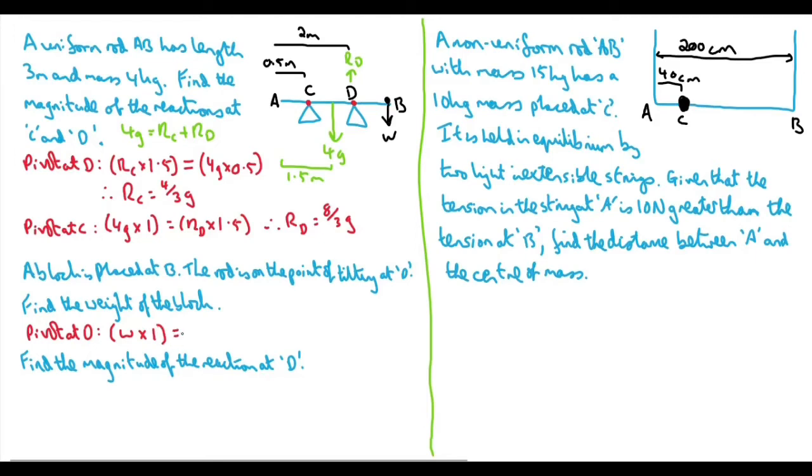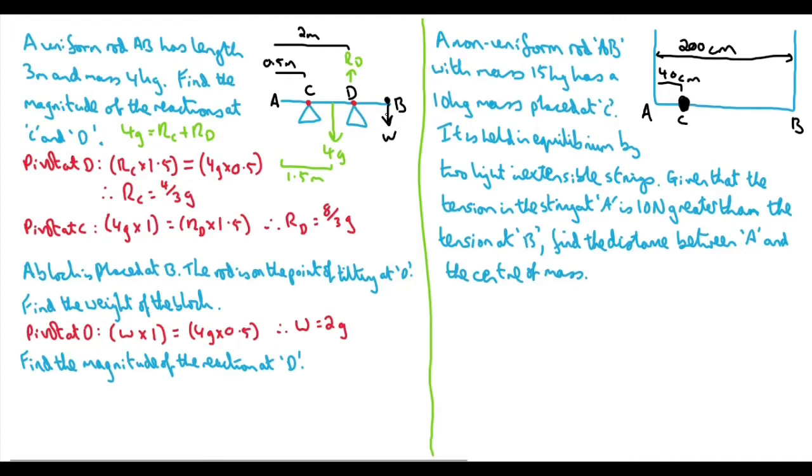This will equal, for now, because remember, even though it's tilting, it is still just in equilibrium, this anti-clockwise moment of your 4G times by, and again, the distance of the center of mass to D is going to be 0.5. Therefore, you can say that W is going to be the same as 2G newtons coming down there.